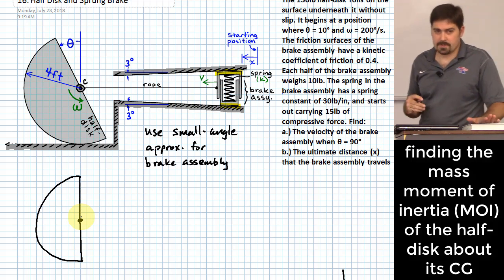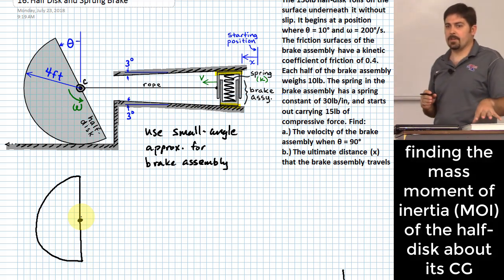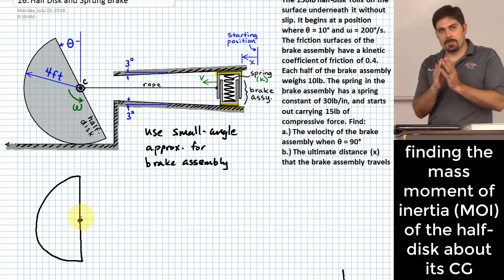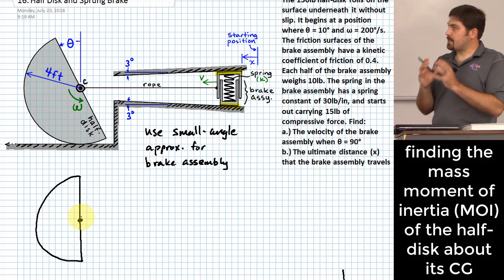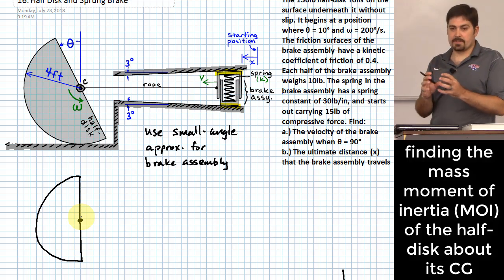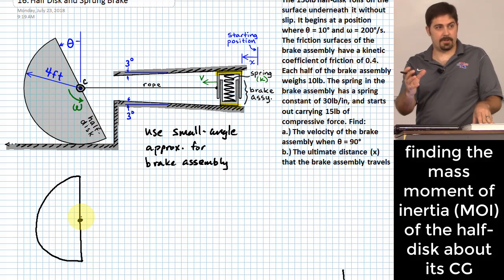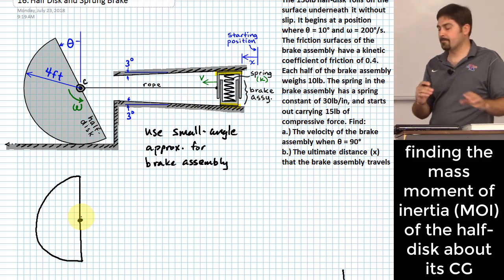We have two choices if we are going to evaluate rotational kinetic energy. One of the ways is, and I should say this, I'm specifically talking about a rigid body where the center of gravity has a velocity. That's what we have here, right? The center of gravity has a velocity.